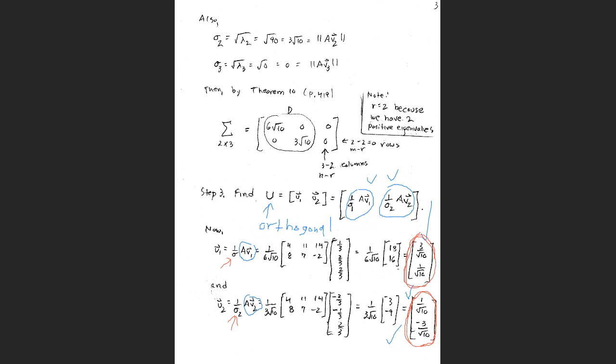So we need to study the vectors Av1 and Av2. There's Theorem 9, where this is not hard to prove. It's not difficult to prove that the basis of vectors given by Av1 and Av2 is an orthogonal basis.